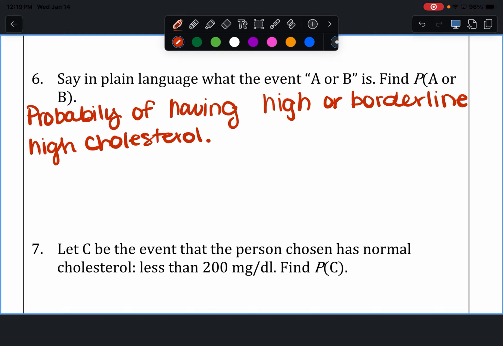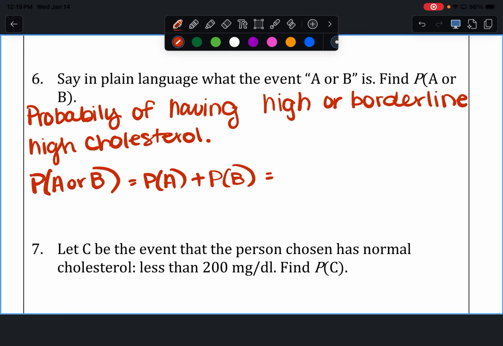And then it asks us to actually find the probability of A or B. Okay, we already said A and B are mutually exclusive, right? So that means we can just add together the probability of A plus the probability of B. So what is the probability of A? What is the probability of B?